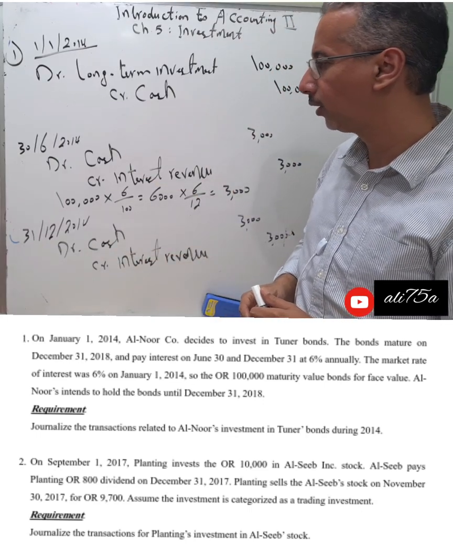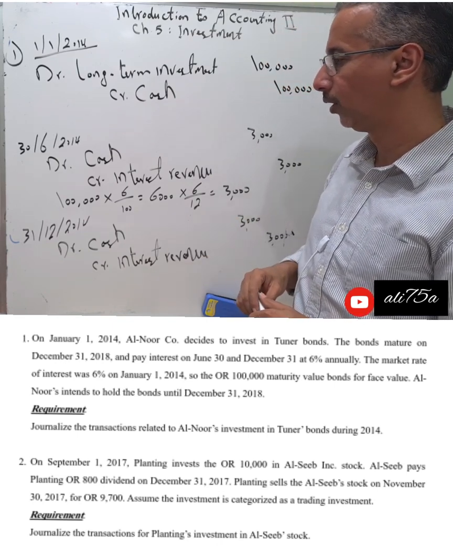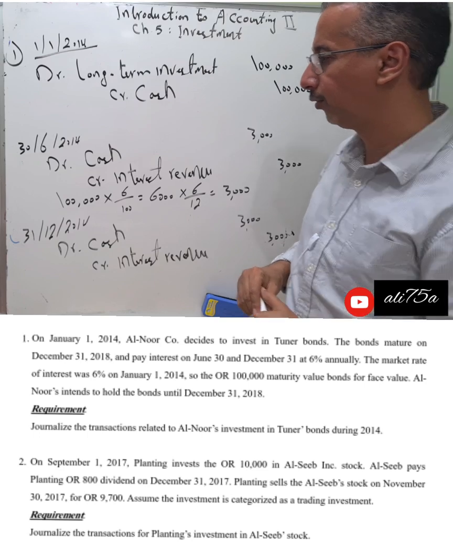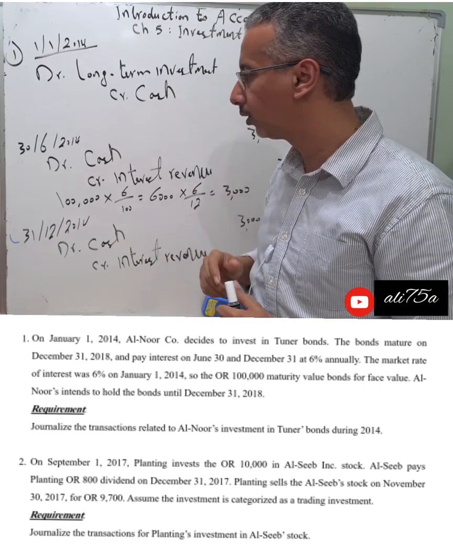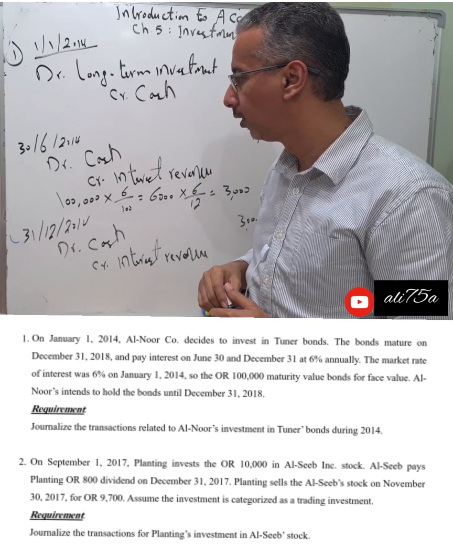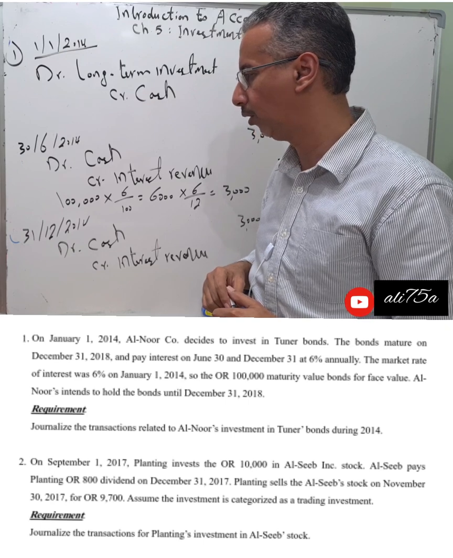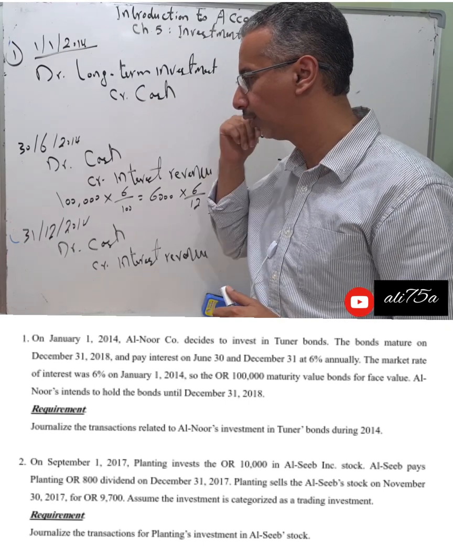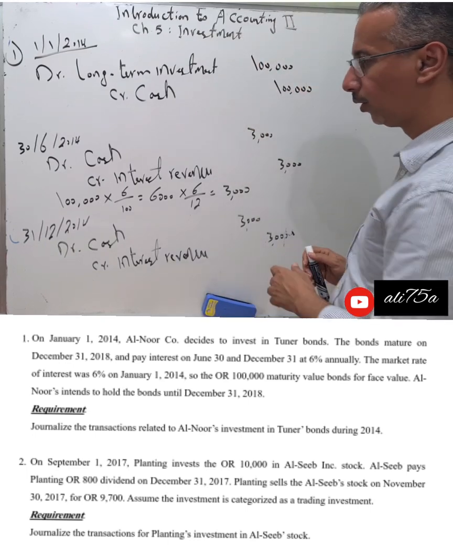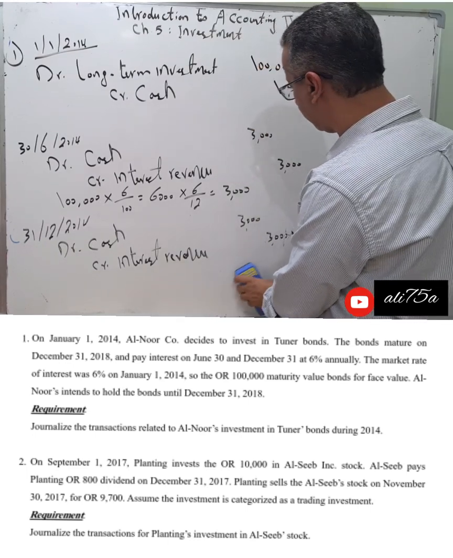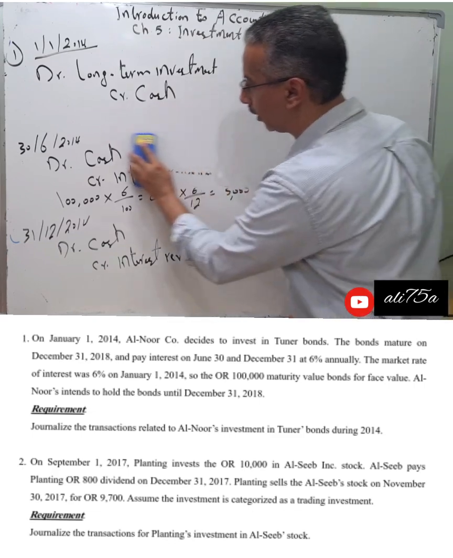On December 31st, 2014, Safari reported net income of 80,000. Assume Safari has 25,000 shares of voting stock outstanding. So identify the group or the type of the investment.